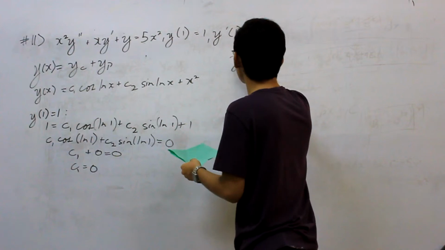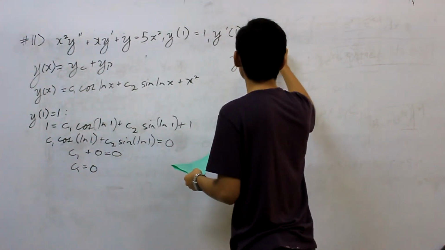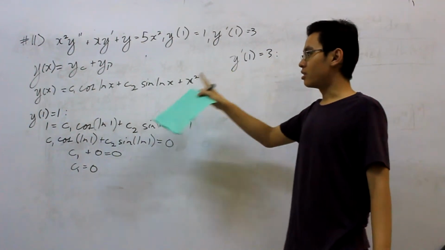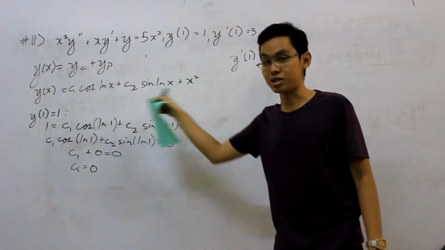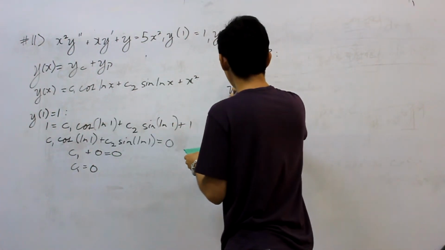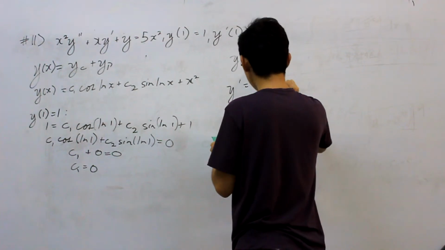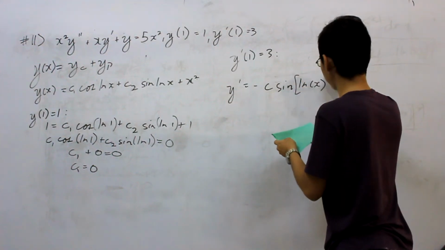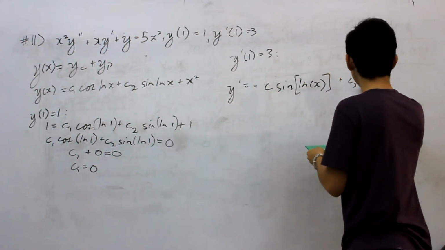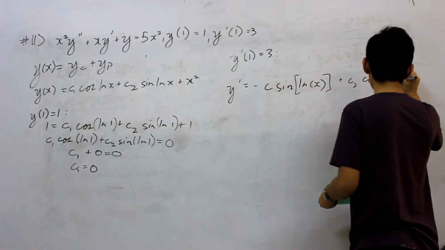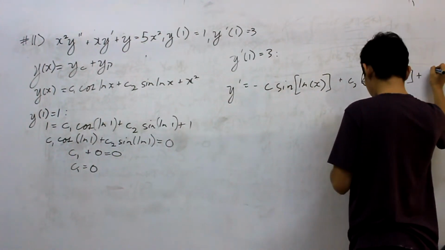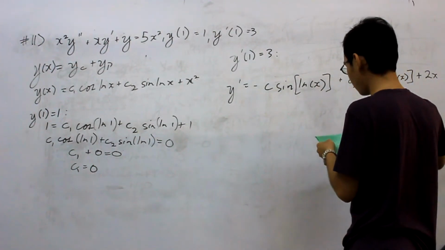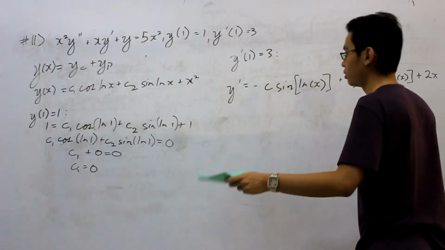In order to apply this, we have to get the first derivative of this equation. So we have y prime equal to negative c1 sine of ln of x plus c2 cosine of ln of x plus 2x. So we'll just substitute all of this.